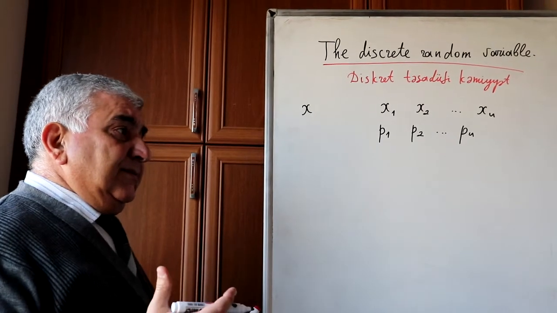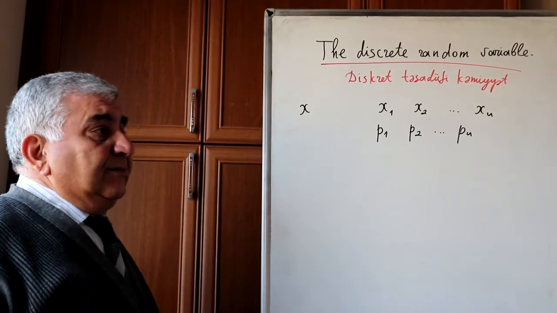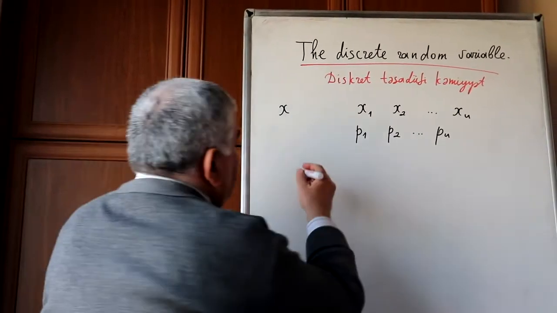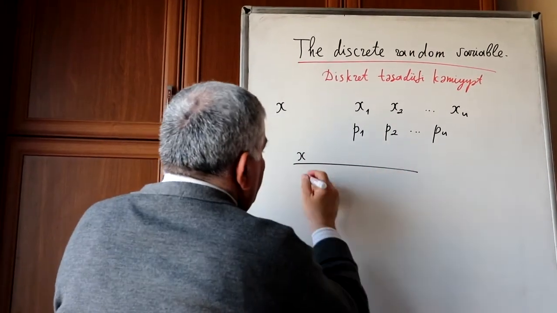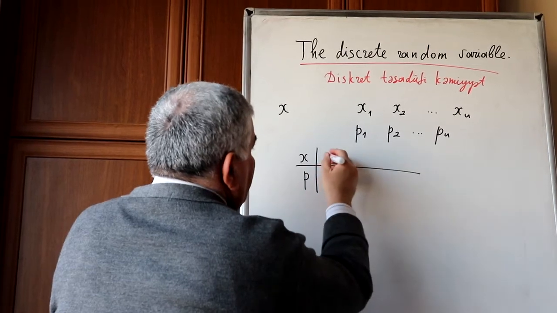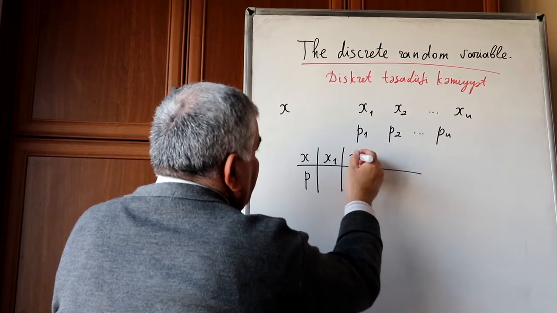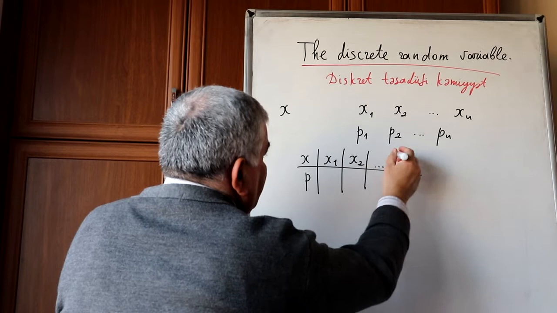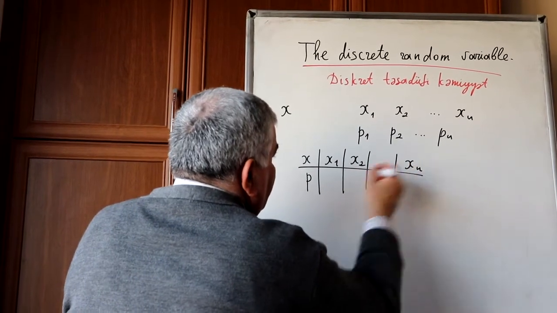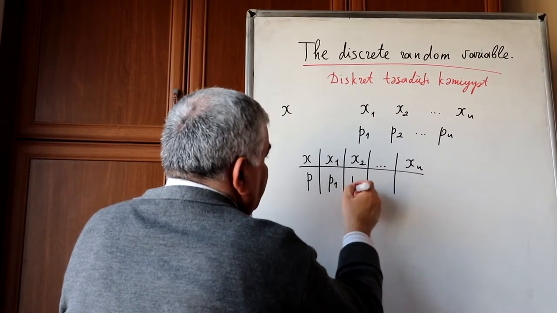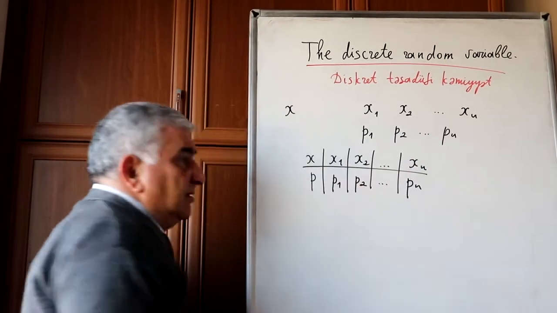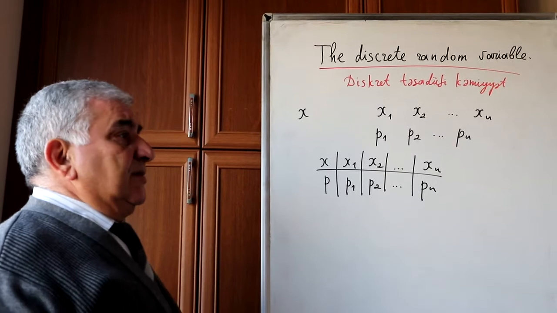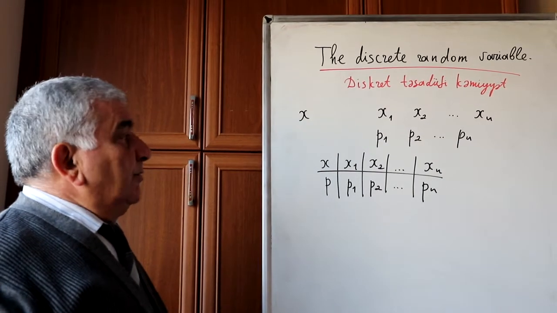Then we can form the distributive table, x, p: x1, x2, etc., x sub n, p1, p2, etc., pn. It is the distributive table, or the distributive law.